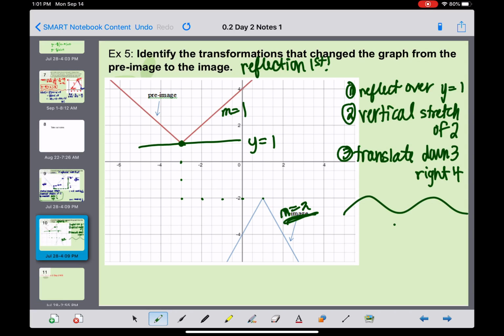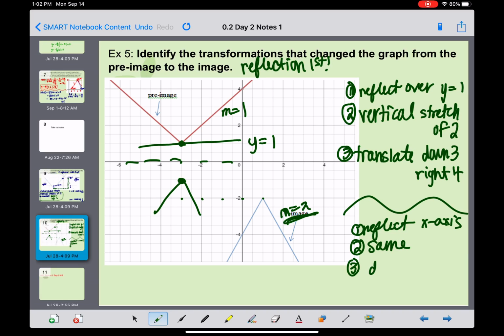Okay, if you reflected over the x-axis, your stretch would still be there. That part would be the same. But the translation, when we reflect over the x-axis, now my vertex would be down here. So I would only be translating down 1, but still right 4. Okay, so this changes if I'm reflecting over the x-axis.